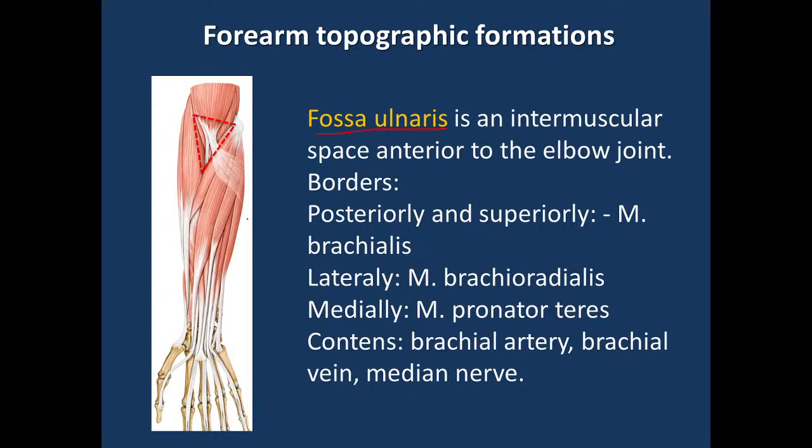It is the intermuscular space, usually between muscles of the shoulder and muscles of the forearm, and it contains some arterial structures like the brachial artery, which is divided into two arteries of the forearm, radial and ulnar.